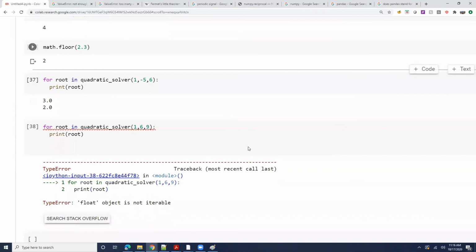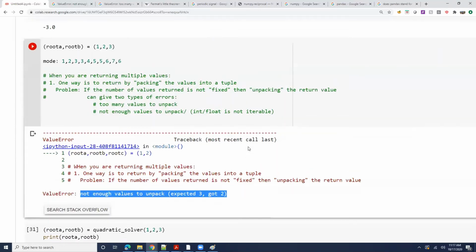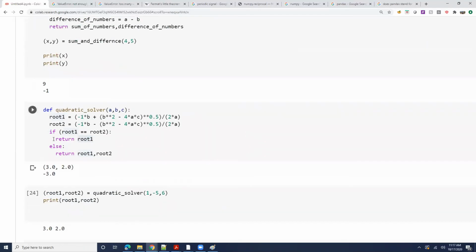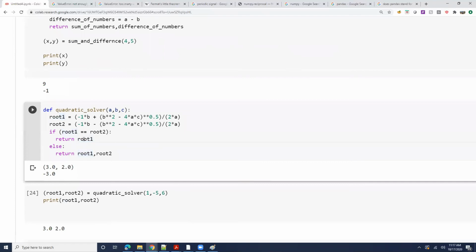Anyways, coming back to this, the reason our code was giving us errors, or at least one reason, is that we are sometimes returning a collection of data and sometimes we are not. So what if we always returned a collection of data? What are some types of data collections that we all studied?